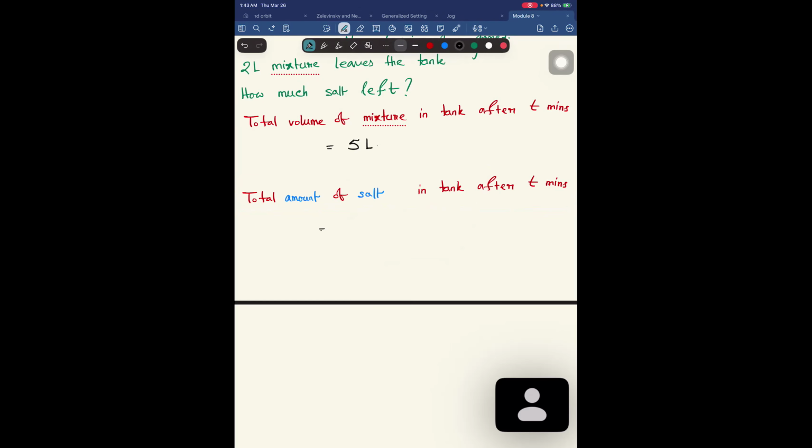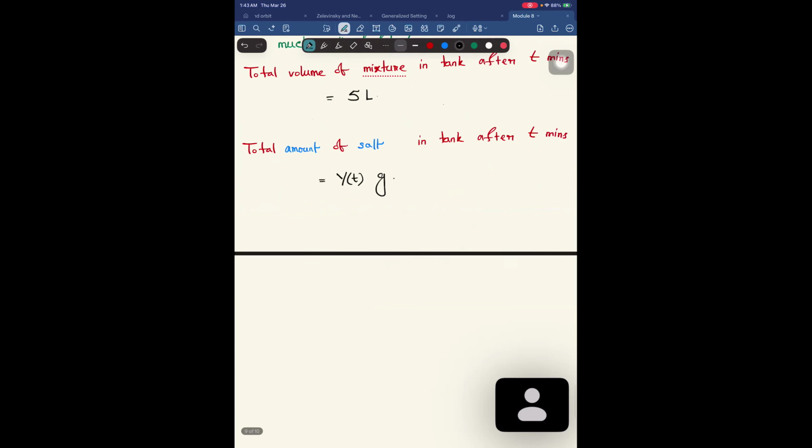What is that? That is y(t) gram, right? By design, this function records the amount of salt in the tank after t minutes, right?